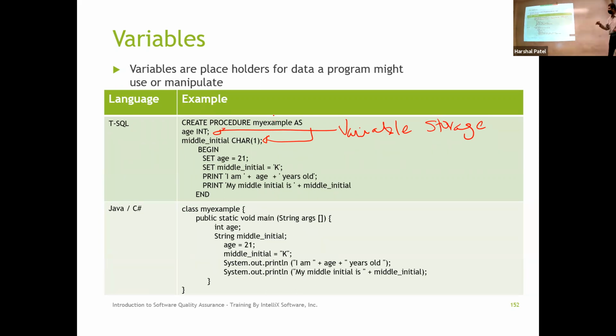It has temporary storage. Then it's going to tell me where my execution is going to start and where it's going to end, right? So this is the block. And here are my executable statements.